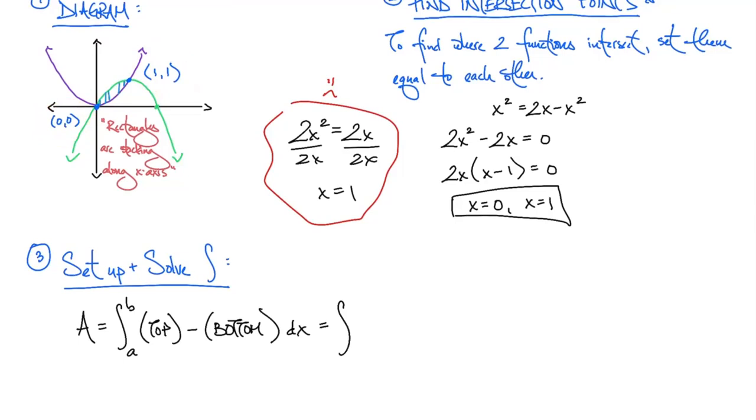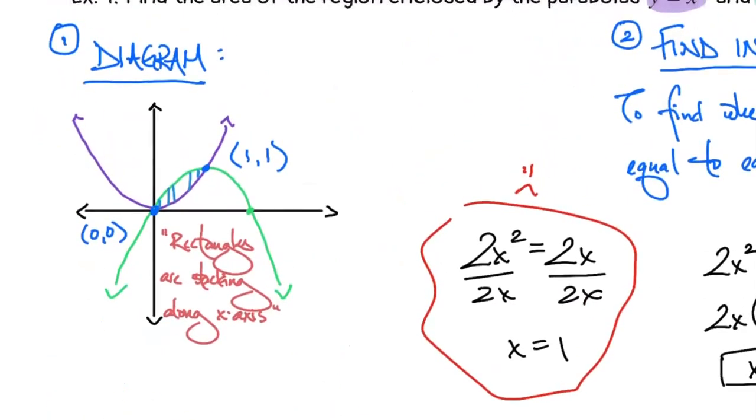Earlier, we said if our rectangles are stacking along the x-axis, we want to choose the x values as our A and B, okay? It is so important we use the right value. If we have a bunch of x's in our equation, our bounds should also be x, okay?